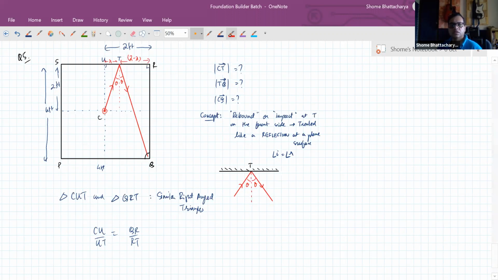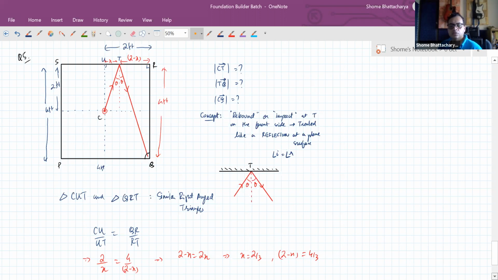Okay, so this ratio will now become CU is 2 feet divided by UT we have taken as an unknown quantity x. So on the other side, QR we can see is the full side length, it's 4 feet divided by that is now 2 minus x. So if we solve this, we get that 2 minus x is equal to 2x. So x will come out to be 2 by 3, 2 minus x will come out to be 4 by 3 in feet.